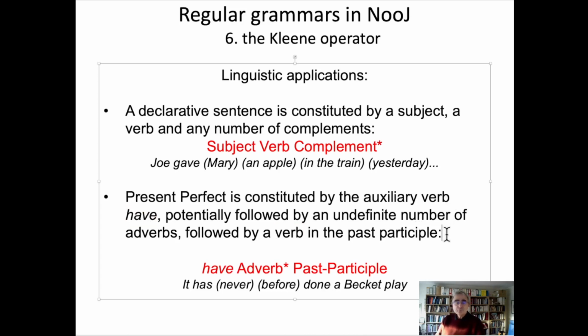So I would write something like the verb to have, followed by any number of adverbs, followed by a past participle. And this would recognize sequences such as it has never before done a Beckett play.